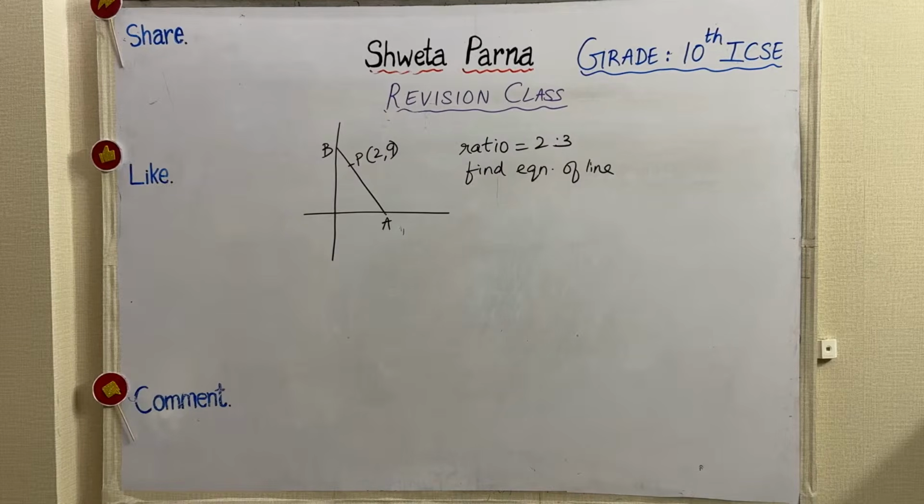I hope you guys are solving, children. There are two ways to solve this. The ratio is given. You can either use the section formula. What is the section formula? mx2 plus nx1 upon m plus n, and my2 plus ny1 upon m plus n. The ratio is given, point P is given.